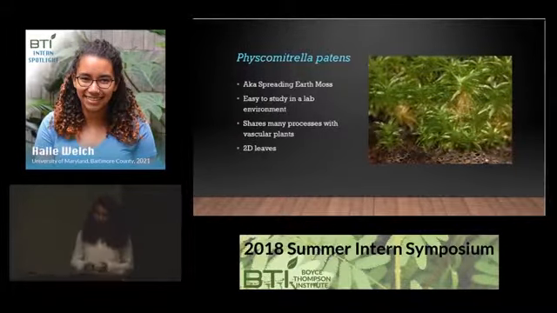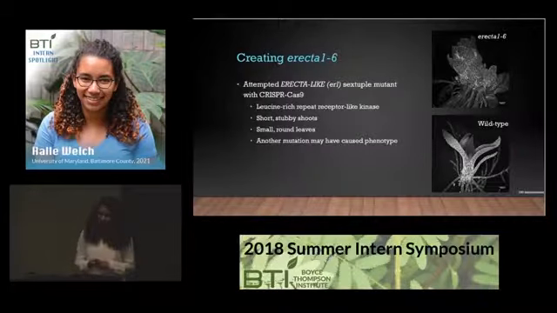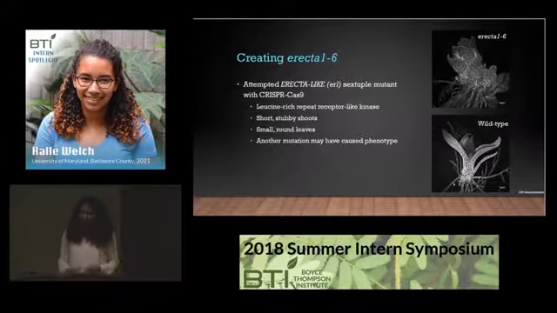So my mentor, Joe, attempted an erecta-like sextuple mutant with CRISPR-Cas9. So he mutated 6 erecta-like genes and created this mutant. Erecta is a leucine-rich repeat receptor-like kinase, which we will go over in the next few slides.